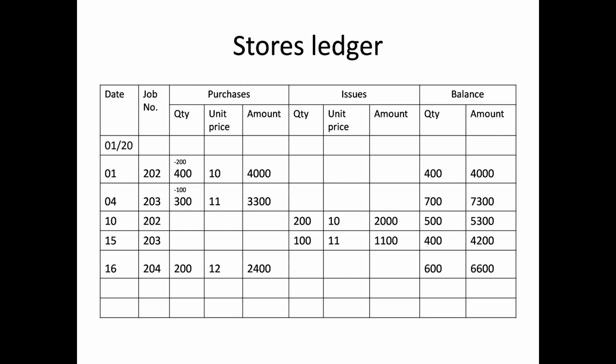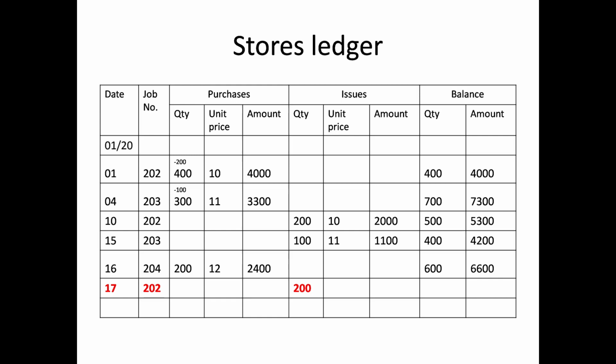Then go to the next date. It's 17th of January. It's an issue. So under date 17, under issues quantity 200 and the job number is 202. Now go to job number 202 purchases.